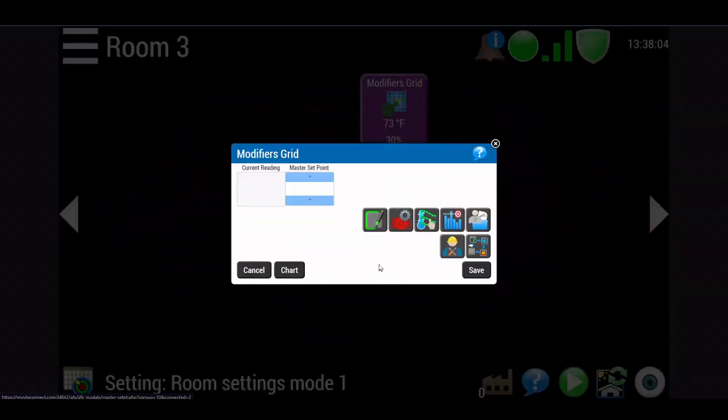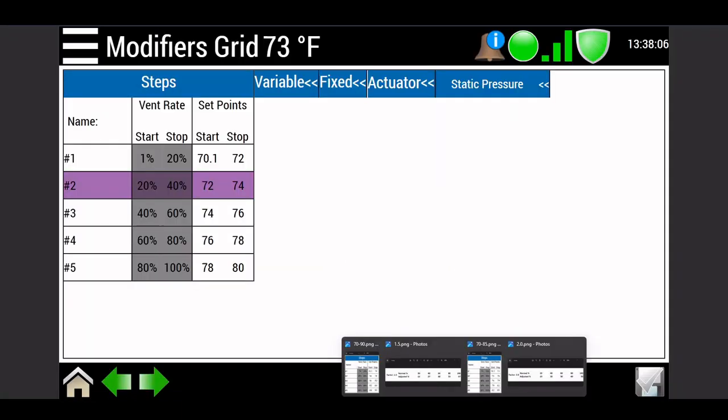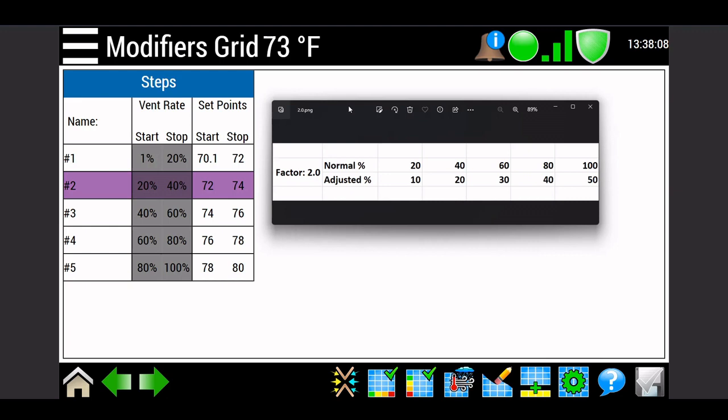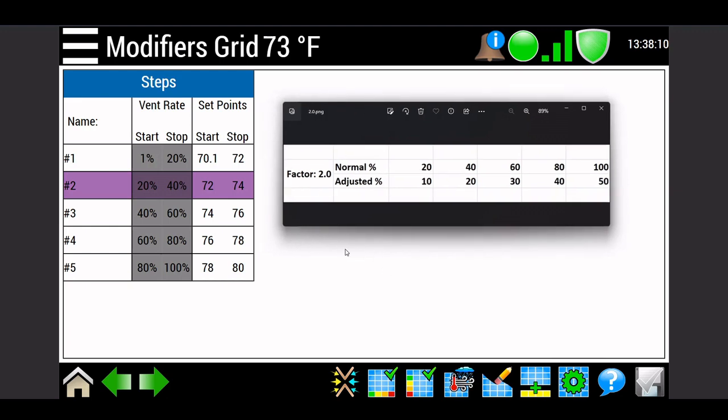So if I hop back in, I will bring up this chart again. I set it to 76, so it should be 60% output. And then our bandwidth modifier comes in, which we can see on our chart here. If it was normally supposed to be 60% output, because it's normally 76 degrees, 60% output gets halved down to 30% output.